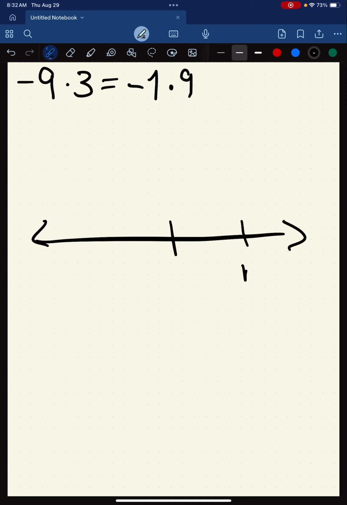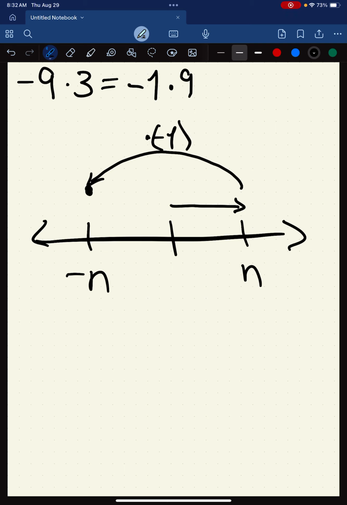We're just going to take some integer n, and we know its opposite is negative n. So if we go n units to the right and then flip it, that operation of reversing is what multiplication by negative 1 is.